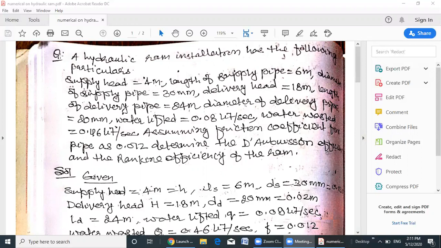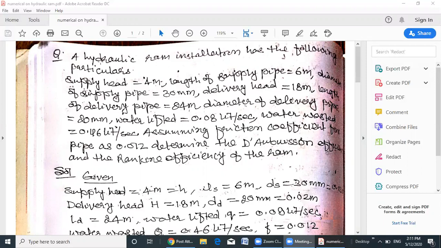Let us see how to solve this numerical. I have taken one very good numerical here.